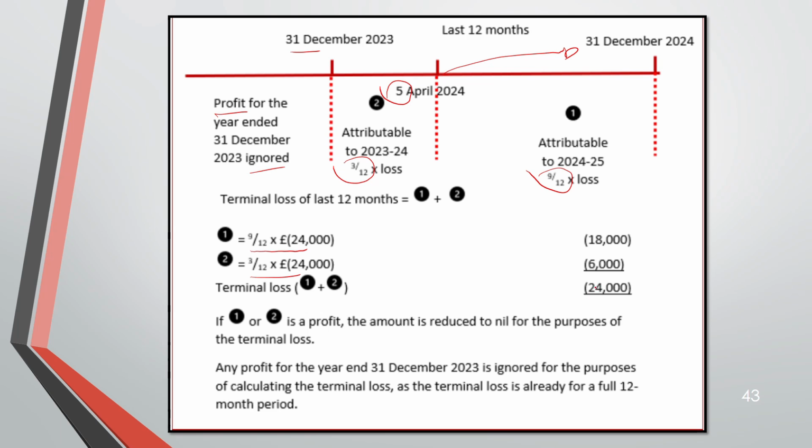So now this 24,000 is allocated like this: 18,000 for this tax year and 6,000 for this tax year.